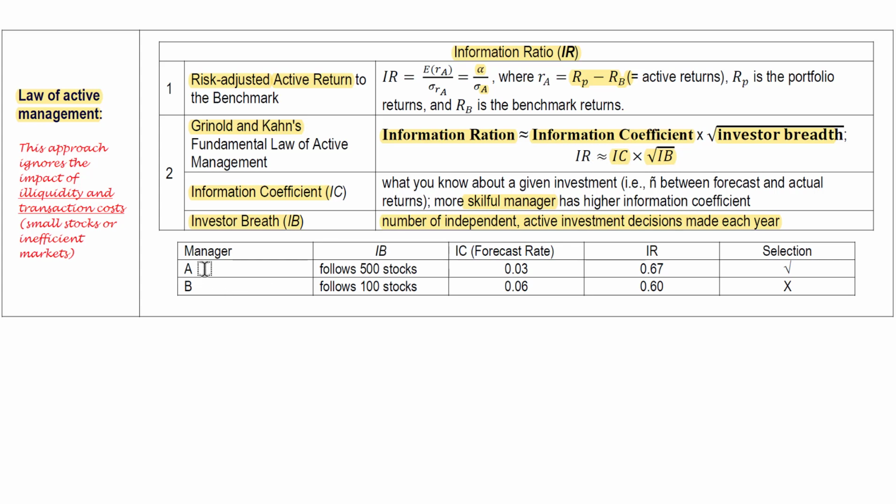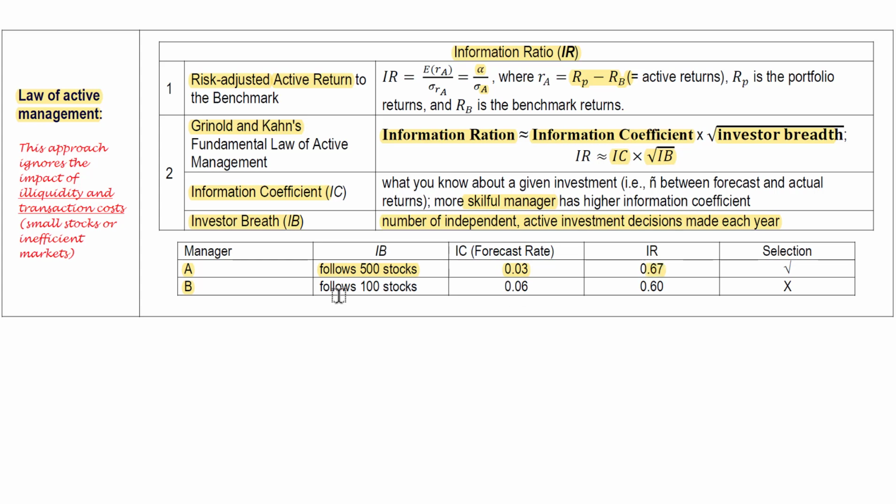The first fund manager follows 500 stocks, so that's the number of predictions, and the prediction power is about 0.03. So IB times IC, we got this 0.67.